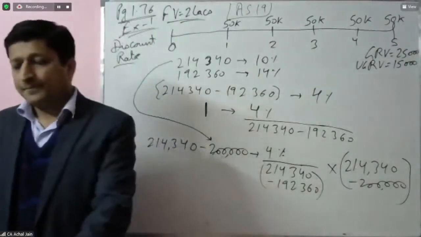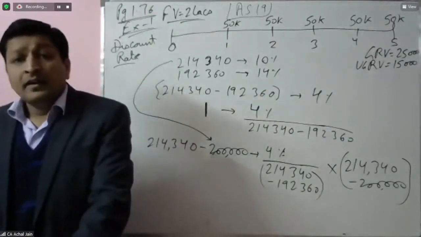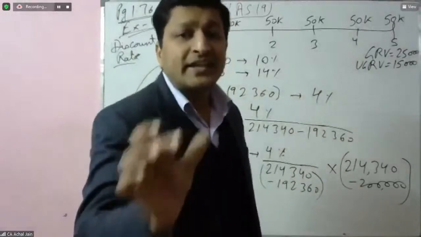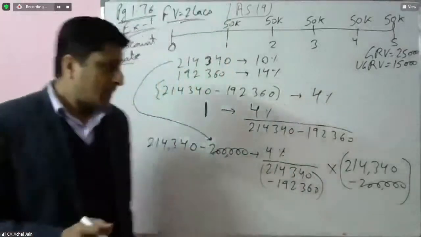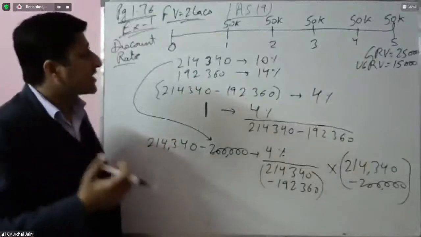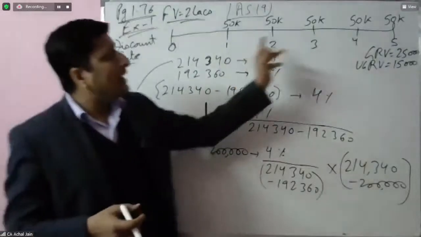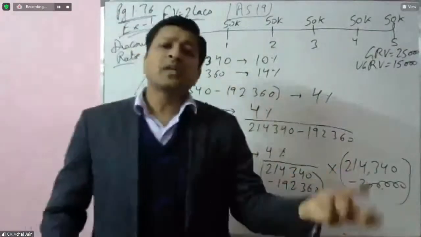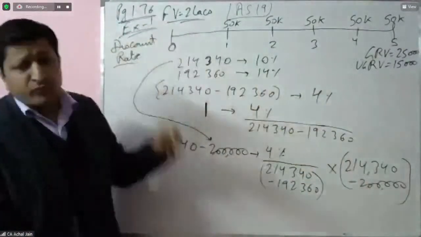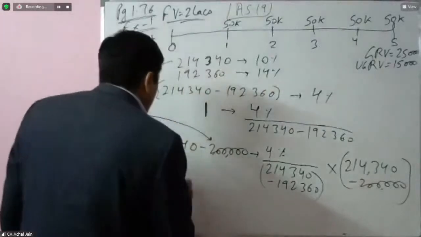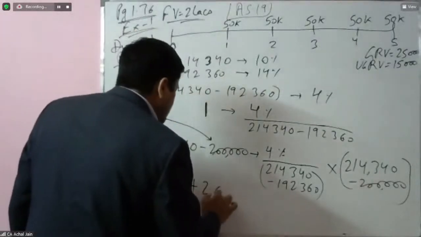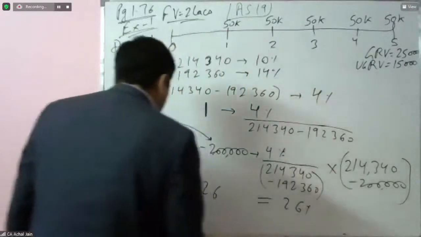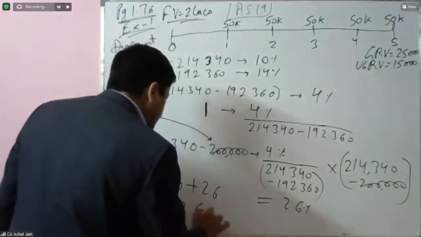Now, if this is the rate that we need to increase by, then what should be the rate using which our MLPs plus the UGRVs, in terms of their present value, will become equivalent to fair value? That will be 10 plus 2.6, so this will be 12.6%.